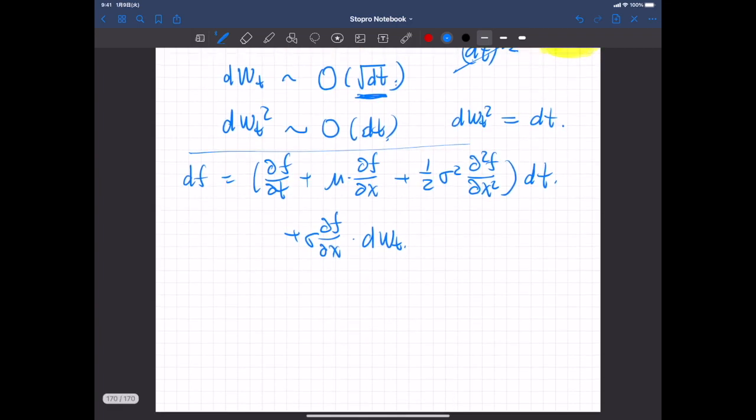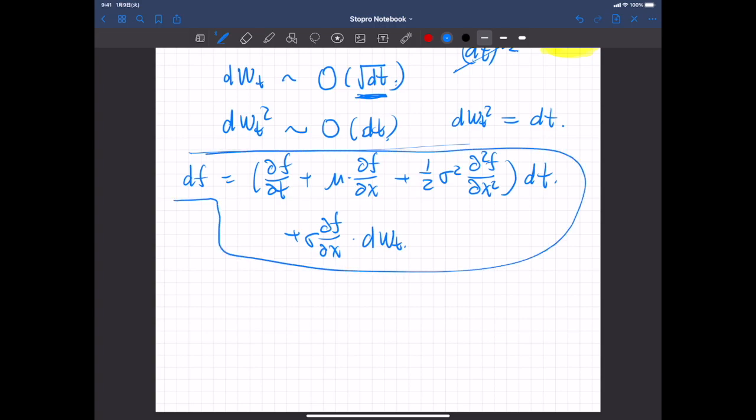So this would be the stochastic differential equation for this function involving some possibly nonlinear relationship between the random process, the Wiener process and time. And this formula is called Ito's formula.